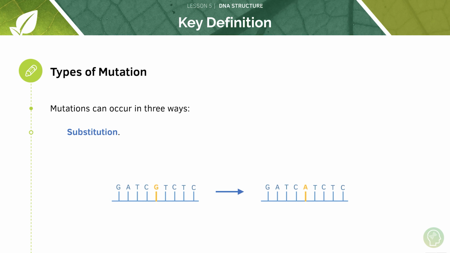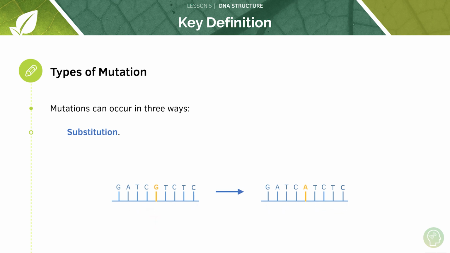A substitution mutation is when a base is substituted into the sequence instead of another. So you can see here, alanine is in the place of guanine. And remember, this is affecting the ultimate protein that's formed because our DNA is read in our triplets. So here we're going to have a change in codon. Okay, so this codon is going to be different to this one, because this sequence of three bases is different to this sequence, and therefore it may possibly code for a different amino acid.